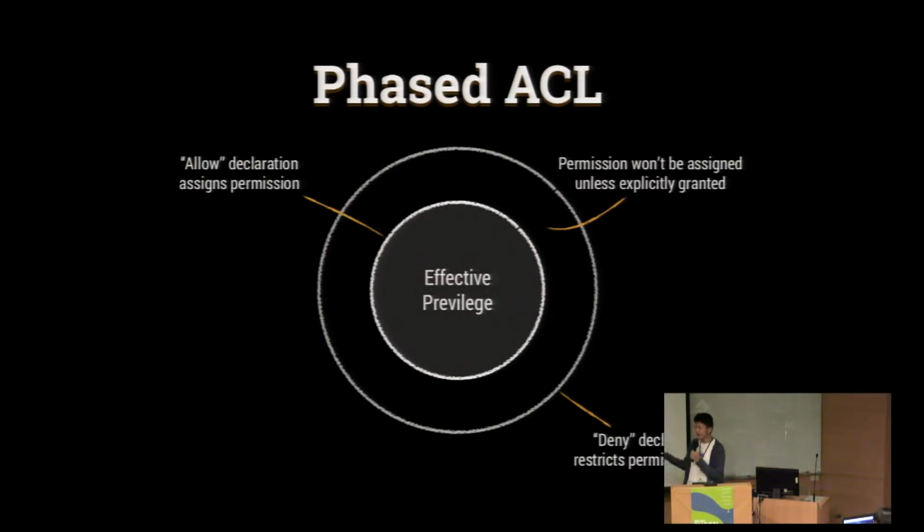So our ACL grows like this. First, you have a capability limit on how much permission you can gain. And if you use a deny declaration on the current object, for example a file, you would deny them the maximum access.